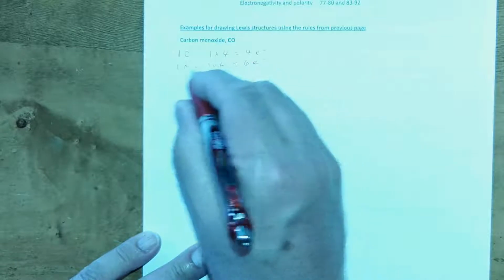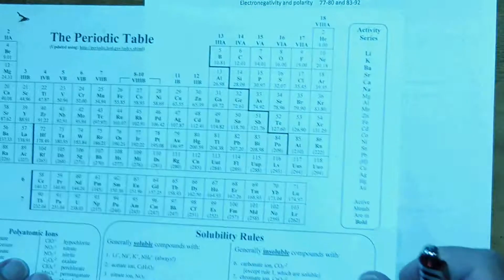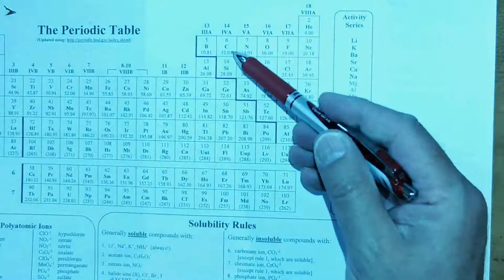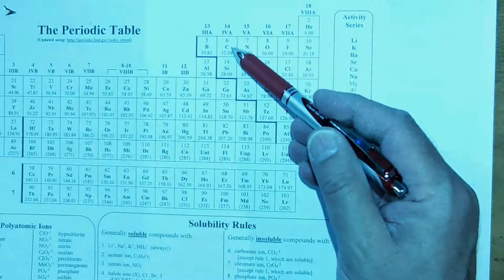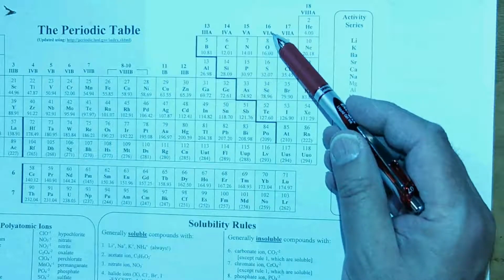When we're done with this structure, it had better contain 10 electrons. Now, where did the 4 and the 6 come from? Carbon lives in group 4. Oxygen lives in group 6. So, we got to come up with 10 electrons. That's our first step, counting electrons.